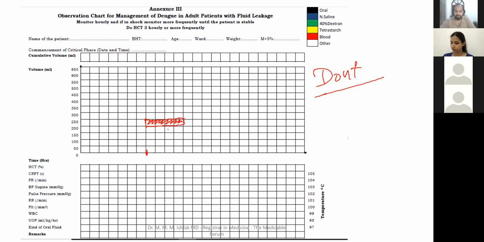So blood transfusions don't get counted into your M+5. So during this period, after the blood transfusion is over, you need to again start from the place where you stopped. If you had stopped at 2300, from here you start from the 2300. So this period, you don't count into your critical phase fluid cumulative.